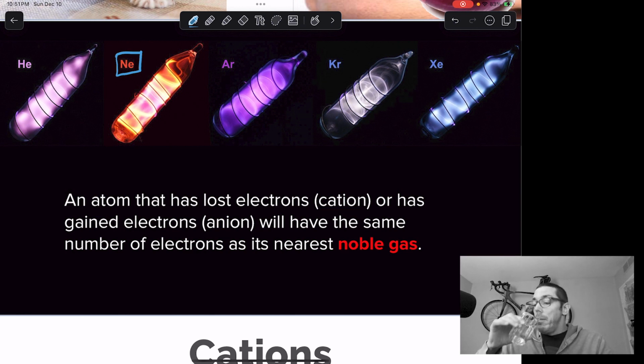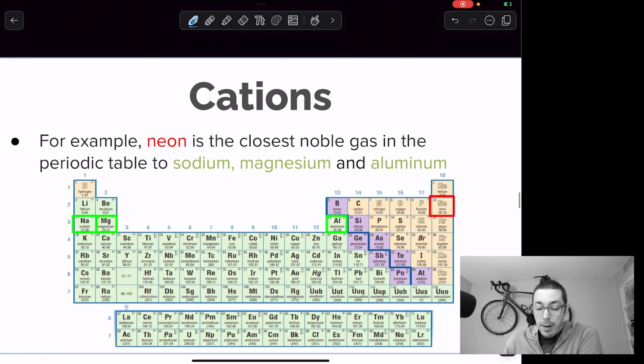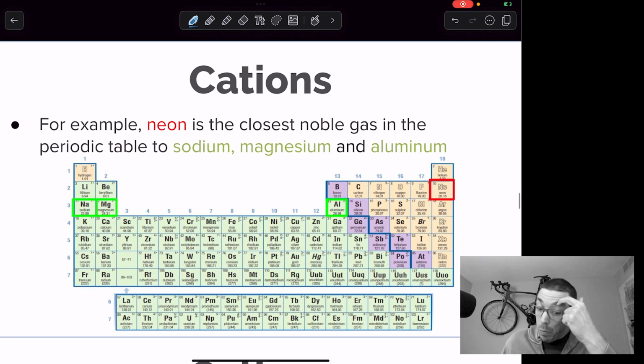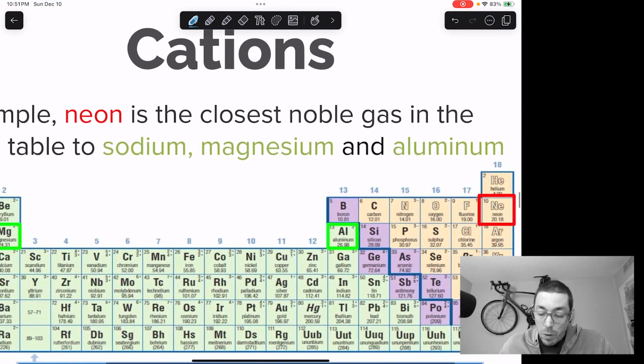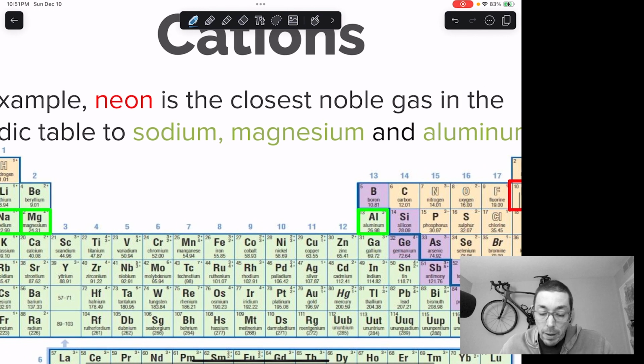We'll show you what that means. So let's look at sodium, magnesium, and aluminum. Those are elements in groups 1, 2, and 3. The closest noble gas to them is number 10 here, neon. And these elements are numbers 11, 12, and 13, so they come right after neon.